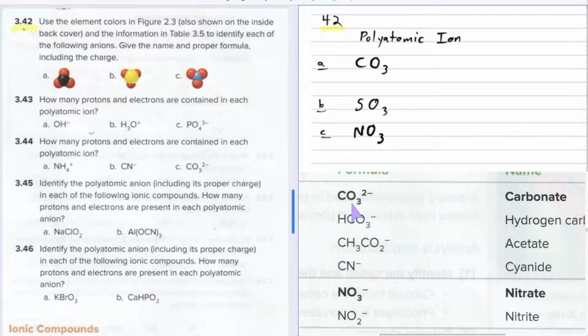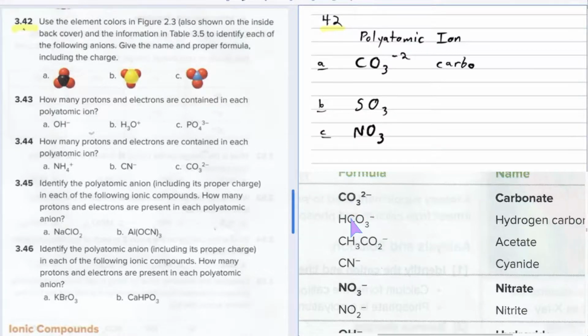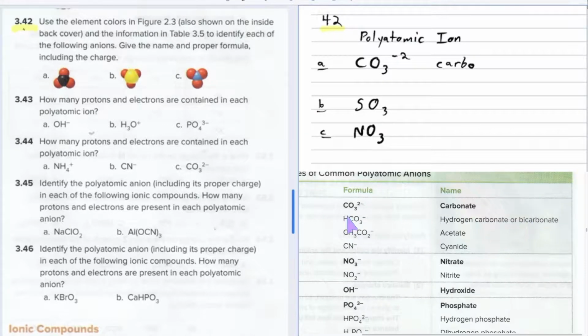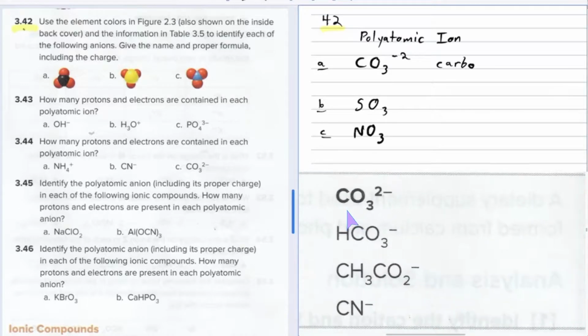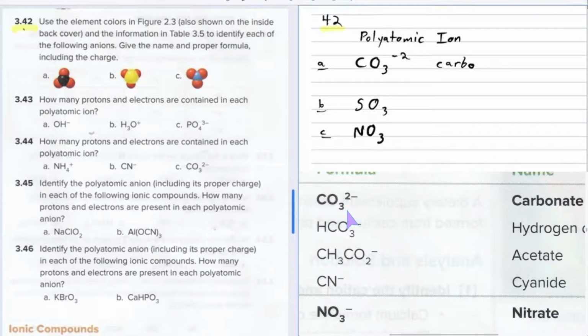And so that's it for us. So we got the minus 2 charge, and this is called carbonate. Like, you ever heard of sodium carbonate? Not sodium bicarbonate. That would be the bicarbonate one down there. Okay, carbonate is this one. Okay, so carbon, forgot to finish writing that, carbonate.